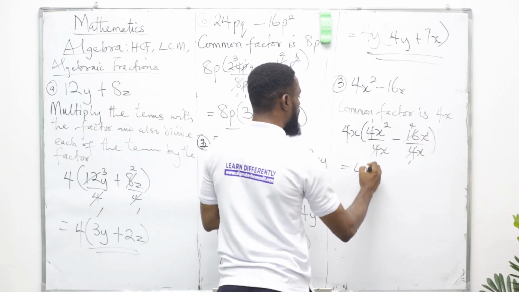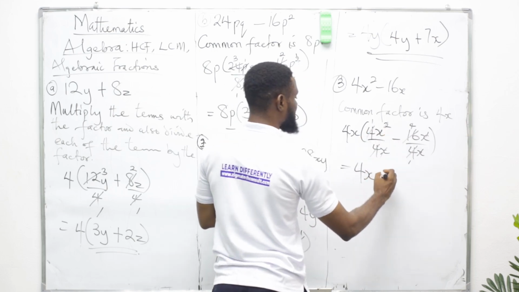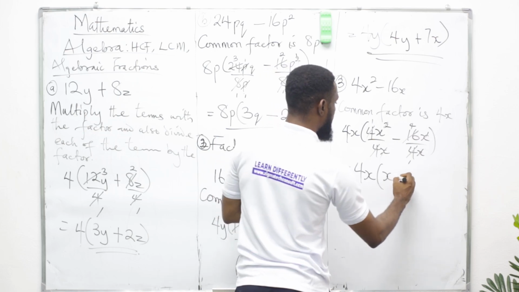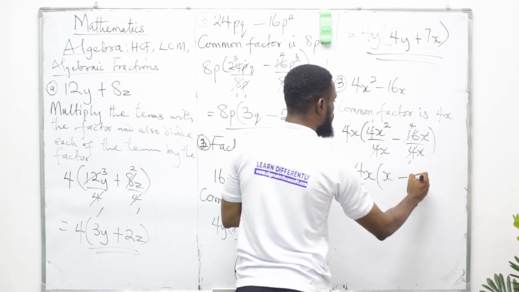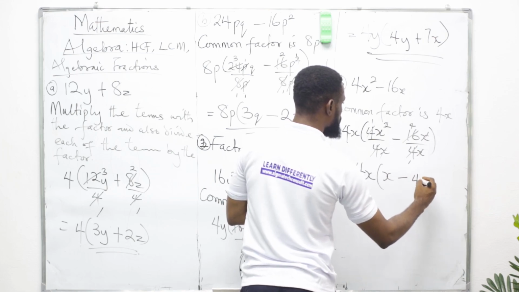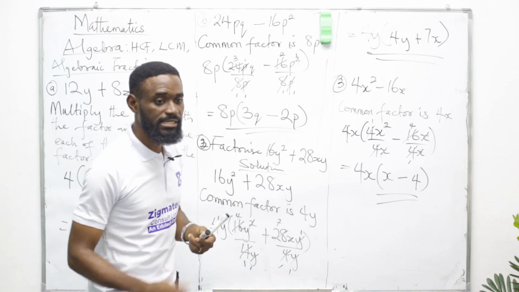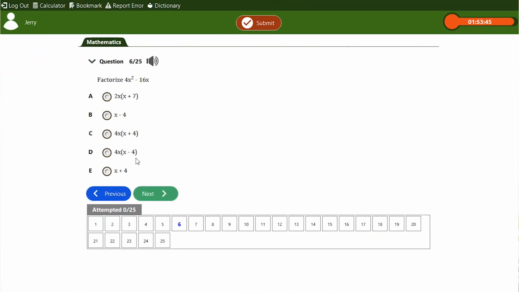Okay, so this is 4x into everything that is left, x minus, here what we have left is just 4. Do you get the point? So this becomes our answer. And our option there is option D, 4x, open bracket, x minus 4.